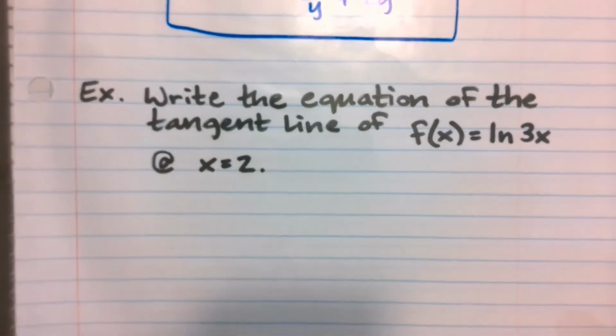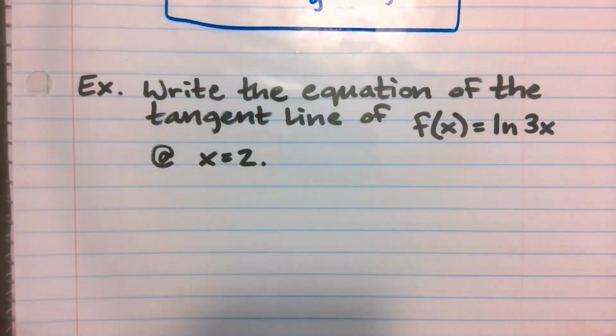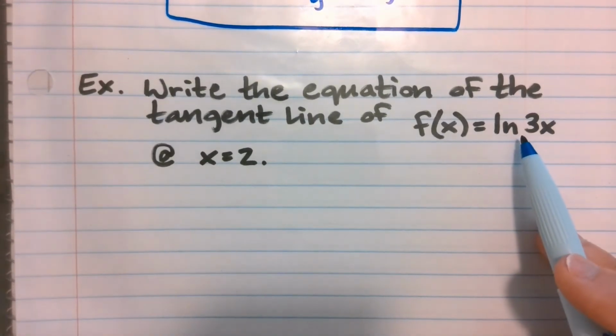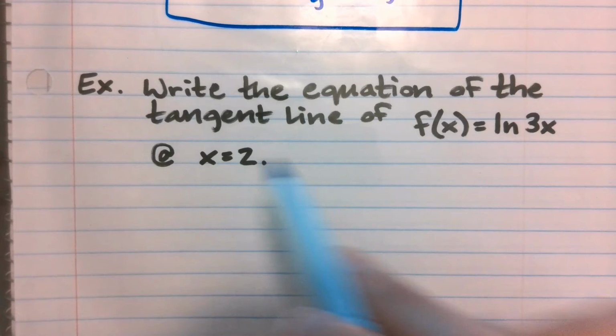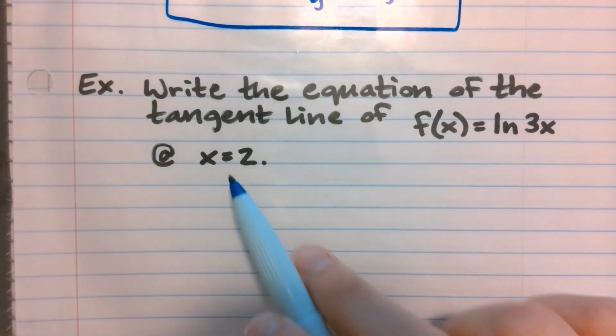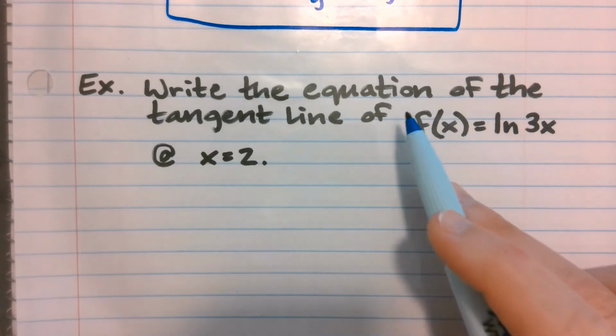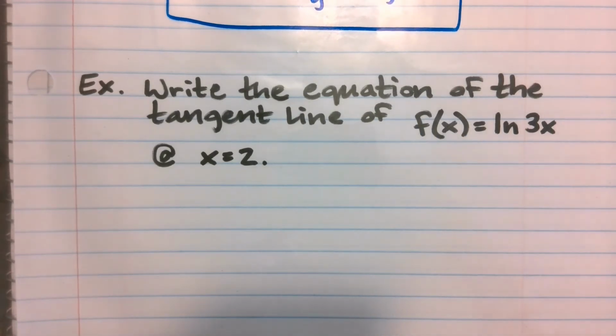Okay, the other example that we're going to do is reminding ourselves of tangent lines. So we're writing the equation of a tangent line of this function. We've got a natural log in there. And then at the point, or at the x value, x equals 2. So remember, for the equation of any line, I need the slope and I need a point on that line.